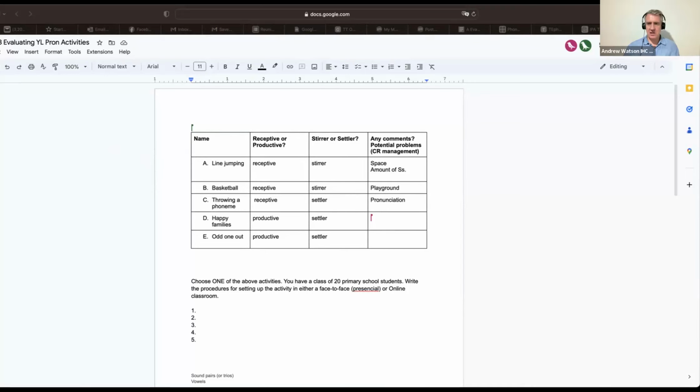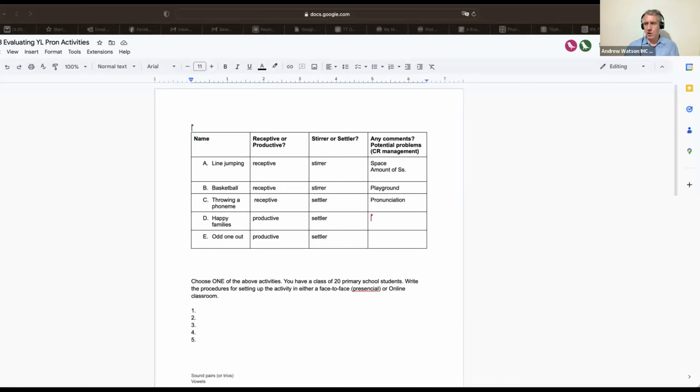Have you heard of that technique called total physical response? No. Well, this is a bit like total physical response, but applied to pronunciation. Total physical response is where you receive an instruction and then you have to do the instruction.